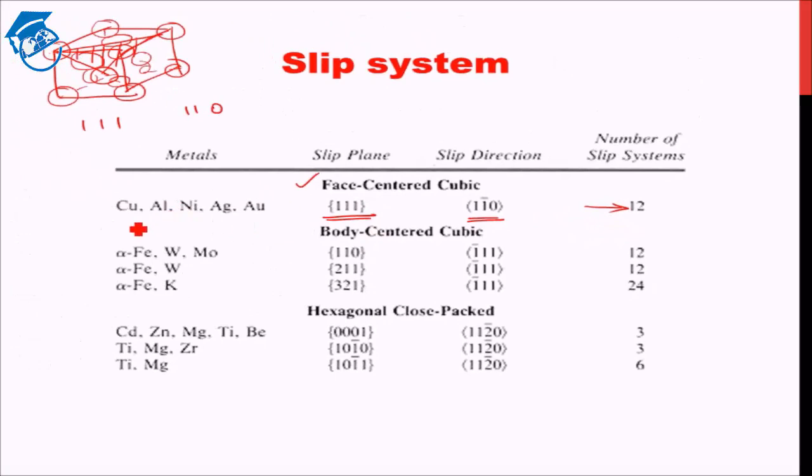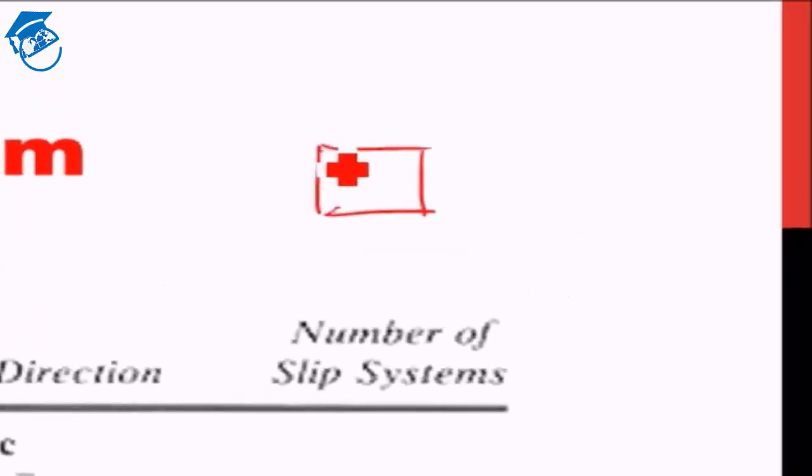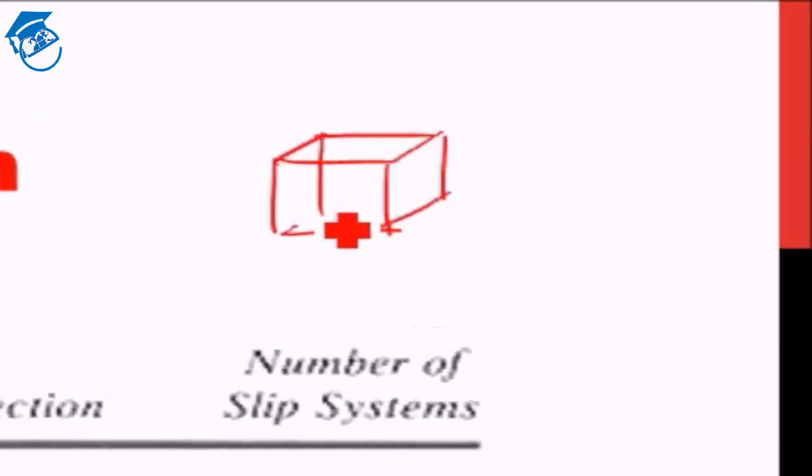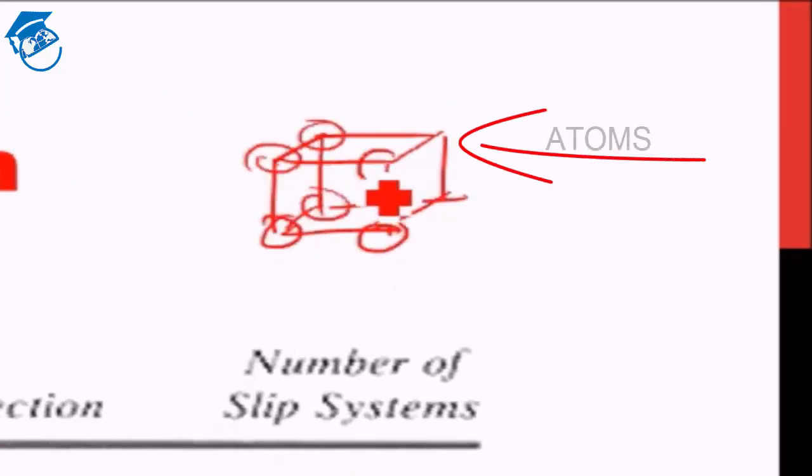Some examples of FCC are copper, aluminium, nickel, silver, gold. For the body centered cubic, we have atoms at the 8 corners and an atom at the body center, right?